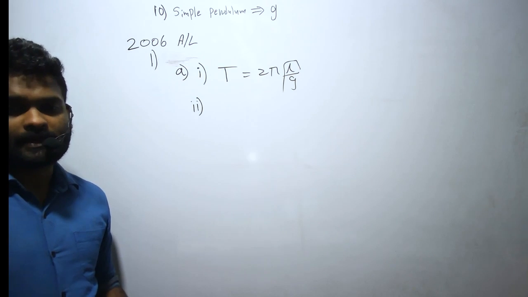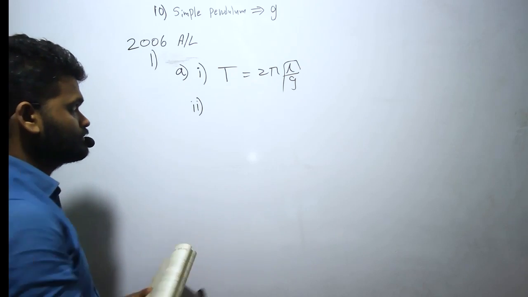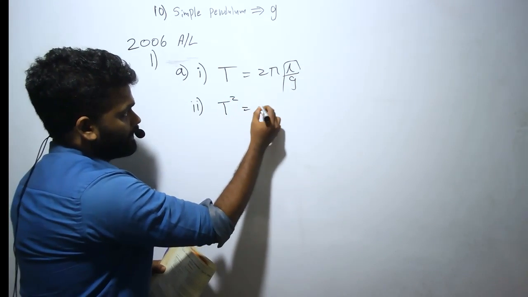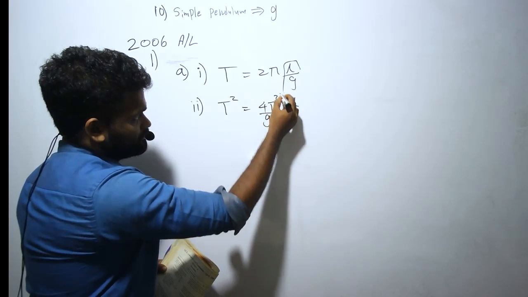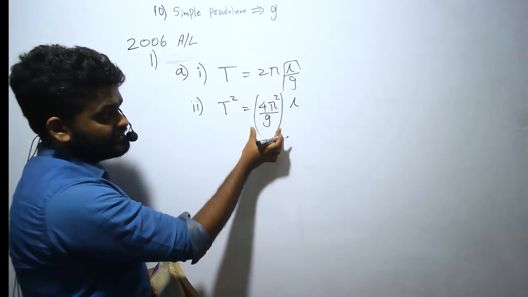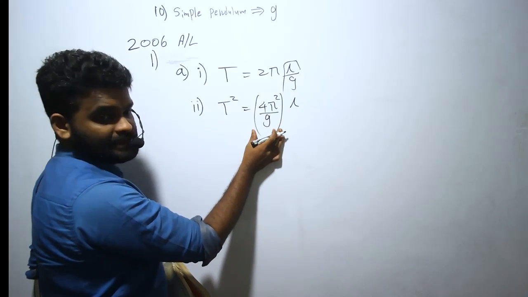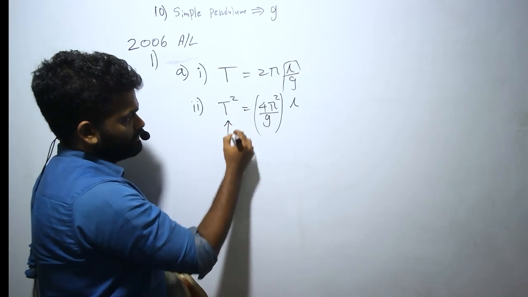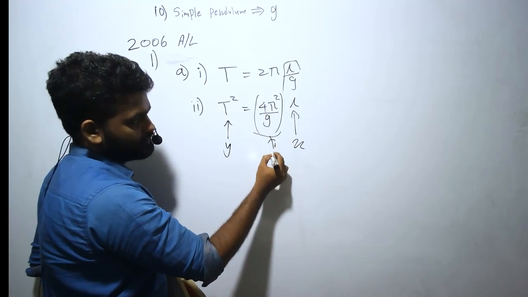Most suitable manner. So you have to square. When they say most suitable manner, this manner. You cannot put g here. You have to put g like this. So this becomes y, this becomes x, this becomes the gradient.